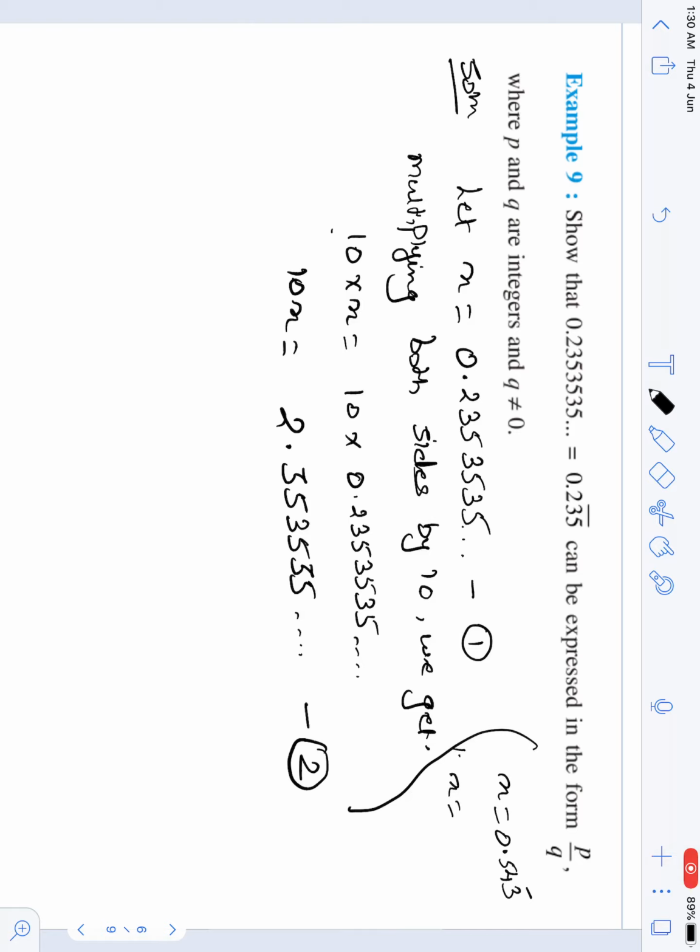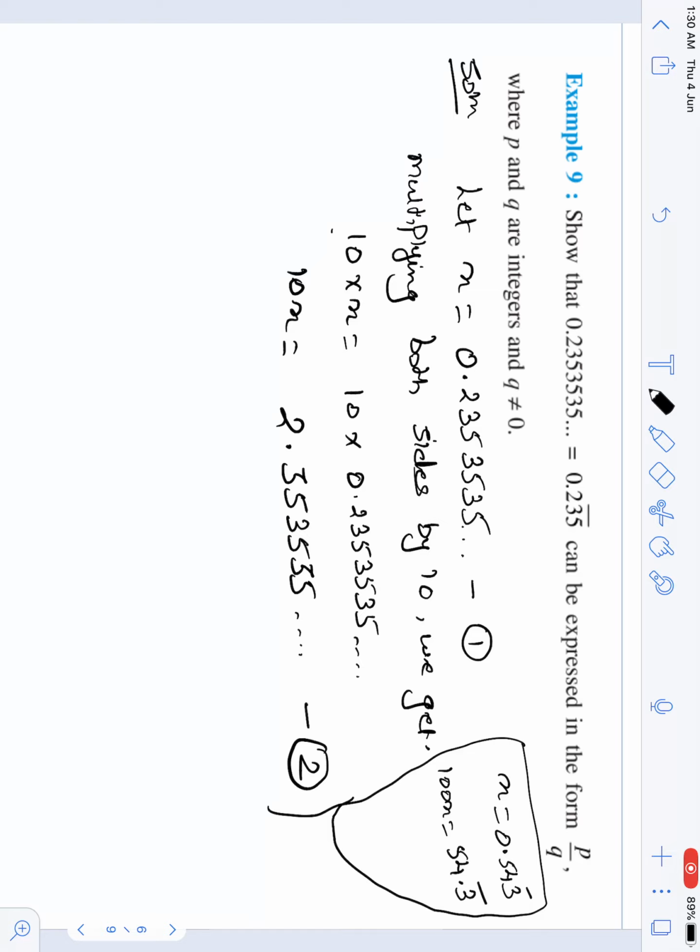During such time it would have become 100x equals 54.3 bar. Okay, so hope this doubt is clear to you.